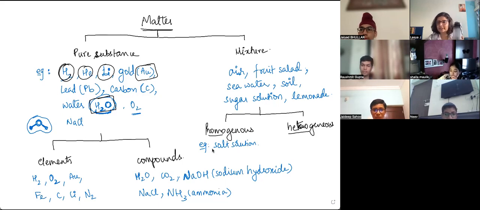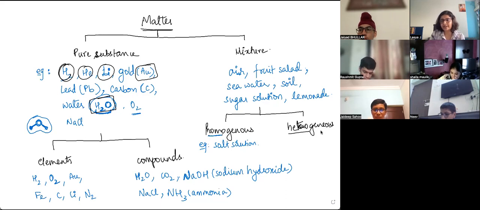Will something like that happen? So salt basically spreads itself throughout the water, right? If you have a whole tank of salt water, from whichever side you pick water, it's going to be equally salty throughout. So that sort of a mixture is a homogeneous mixture, something that's evenly distributed, completely.